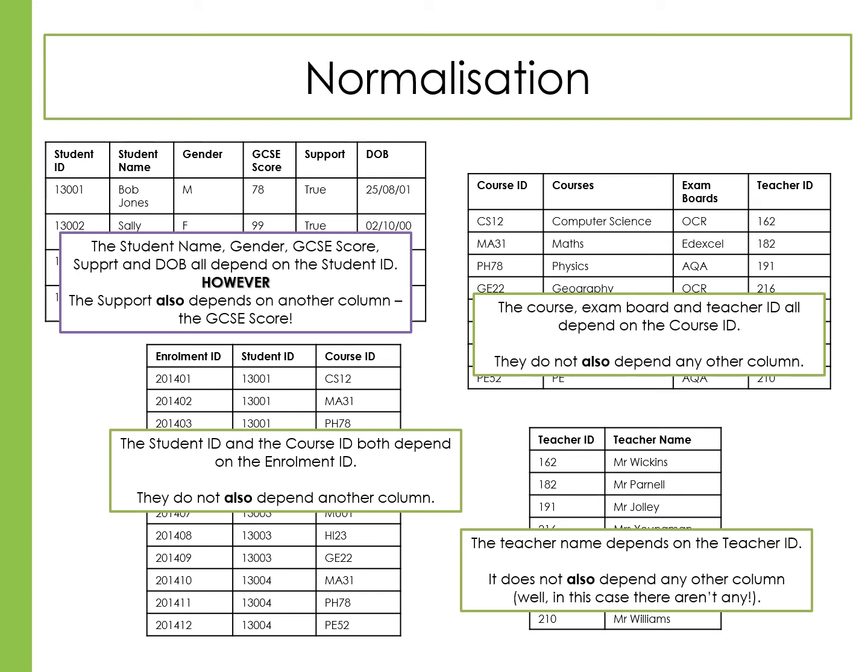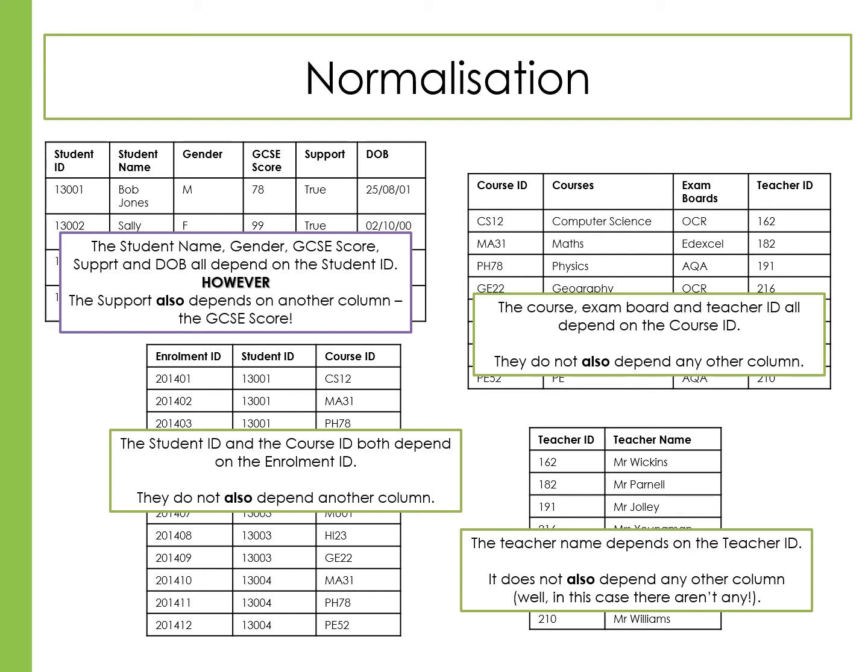If we look at the enrolment table, the student ID and the course ID both depend on the enrolment ID in this table. They don't depend on any other columns. And the bottom right hand table, the teacher name depends on the teacher ID, so it's linked directly to it. This also doesn't depend on any other columns. There aren't any other columns, so it can't be dependent on any others.